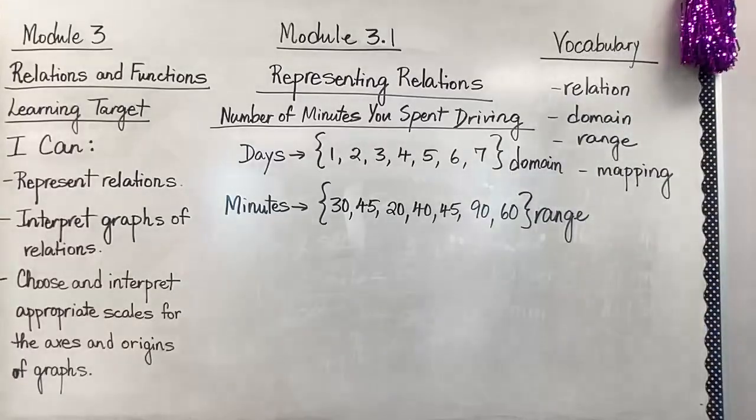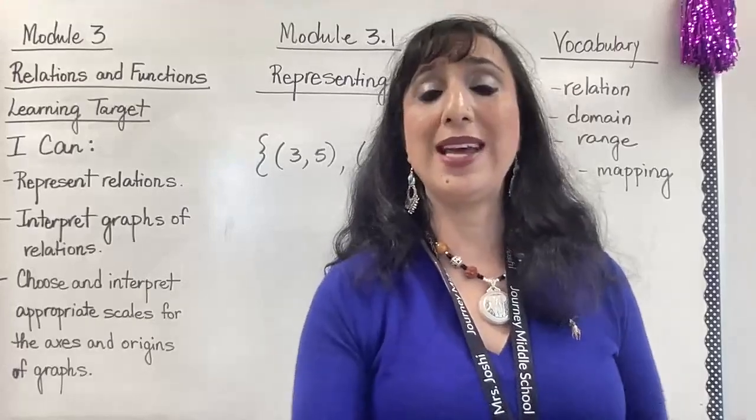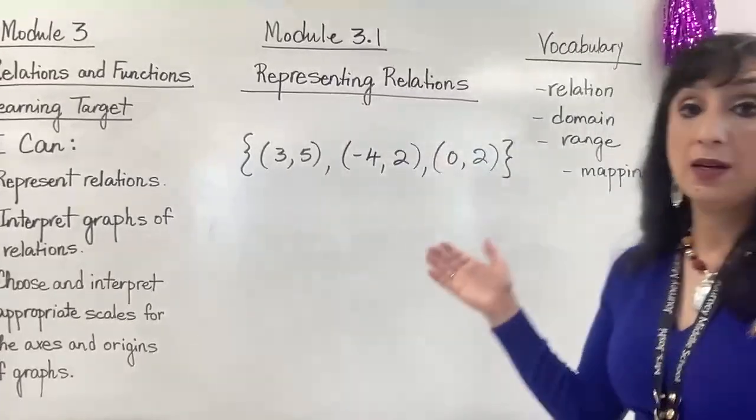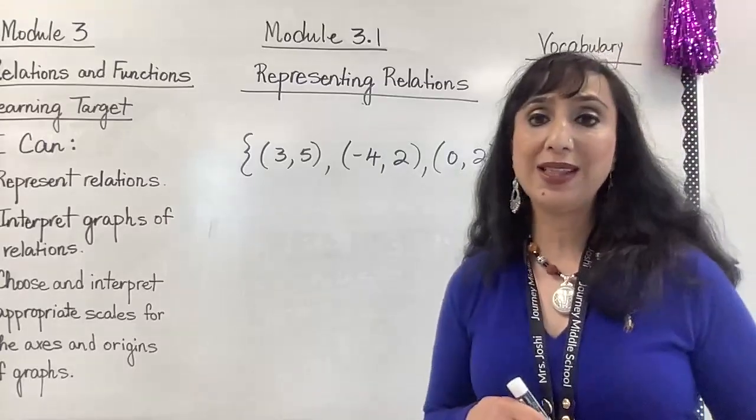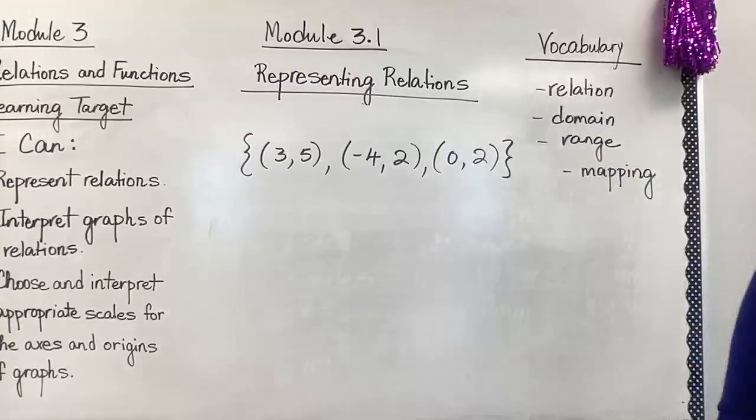The x values in the domain and the resulting y values can be written as ordered pairs and are called solutions of the equation because they make the equation true. So let's say I give you this set of ordered pairs over here. The first way that I'm going to represent this relationship is with mapping.